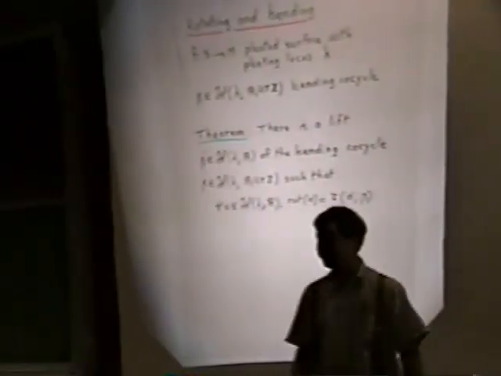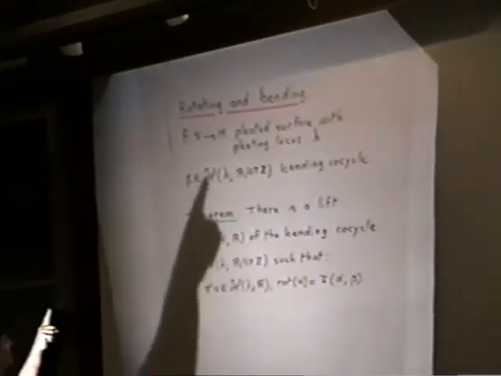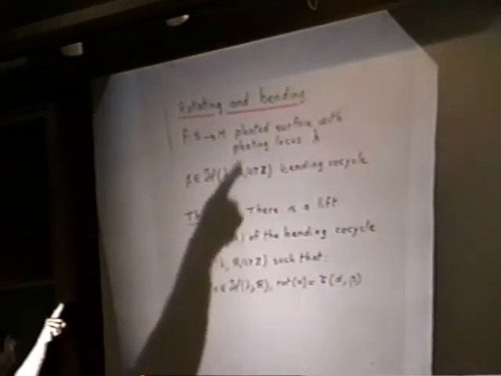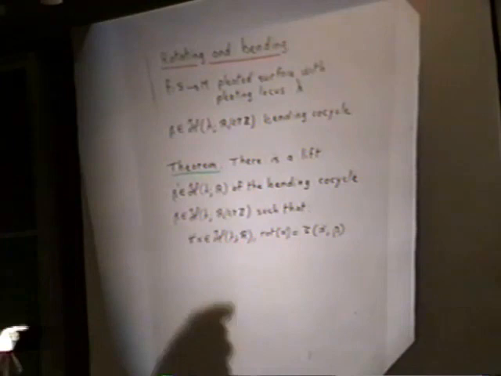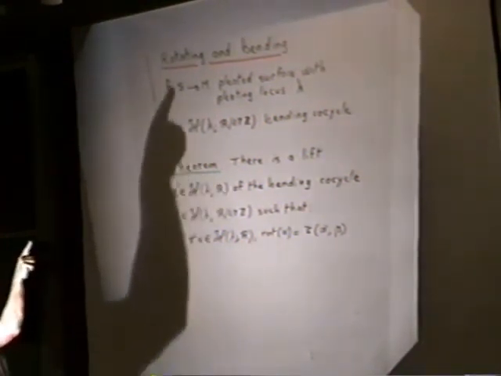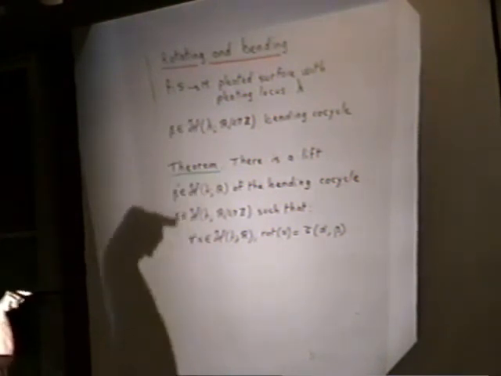And the fact is that this intersection number here connects the rotation and the bending. If I have a pleated surface here with pleating locus lambda, I can consider the bending cocycle, which is defined by 2 pi. Also I have this rotation function, which was on the previous slide. If I have a transverse cocycle for lambda, I can define its rotation.